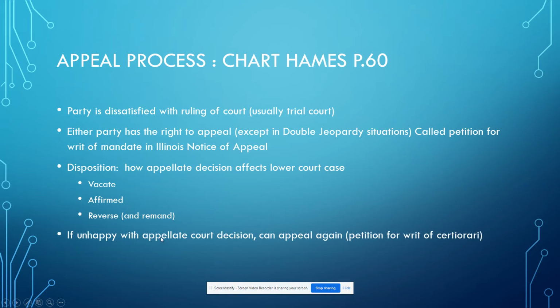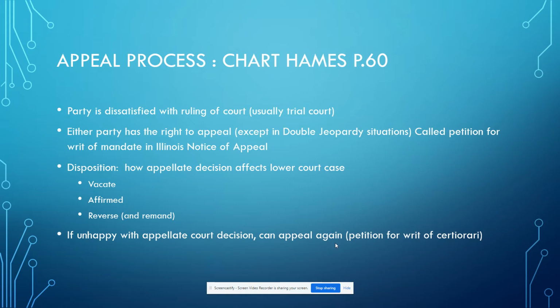Now, say the appellate court has made their decision and you are a party which is unhappy with the appellate court decision and thinks they made the wrong decision, you can appeal again. Now, you do have a right of one appeal. The second appeal to the higher appellate court is not a matter of right. It's really up to the court that you are appealing to see if they want to take the case, if they want to hear it.